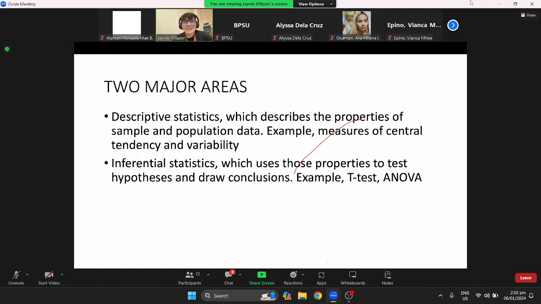So again, pagdating nyo sa inyong experiment, ang hahanapin natin ay descriptive stats, and at the same time, importantly, we also need to know the inferential statistics. Okay po? Ayun. So, I guess we're done with the slide.